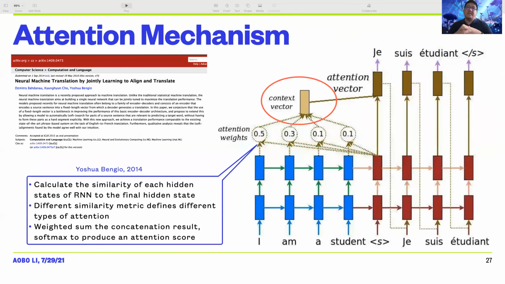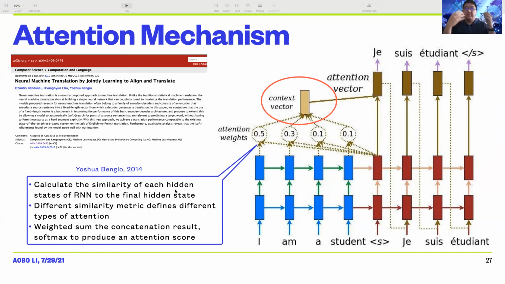So the idea of the attention mechanism is to utilize all the intermediate hidden state outputs to perform your task. I would call the attention mechanism one of the most important inventions in the history of time series and natural language processing. The idea is that you calculate the similarity of each intermediate hidden state of the recurrent neural network to the final hidden state.